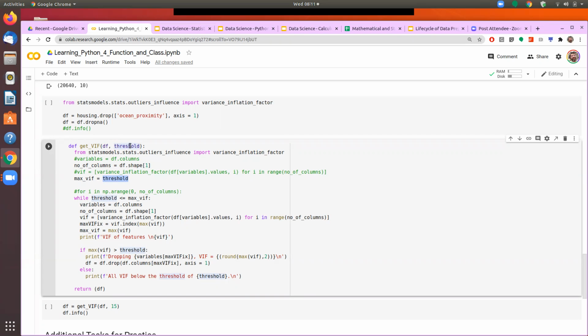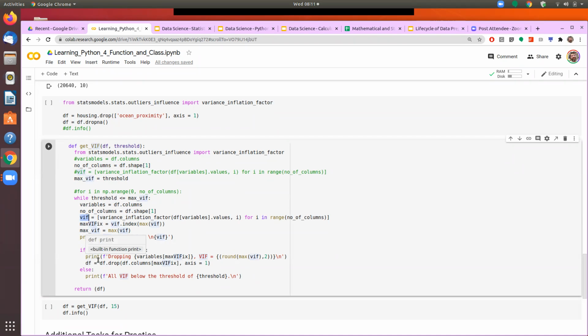So we'll define a threshold. That threshold would be passed from my function call, and this would be my data set. Having done that, we run a while loop, and we say that while my threshold is less than the maximum value of VIF, in that case, compute the VIF and remove that column.